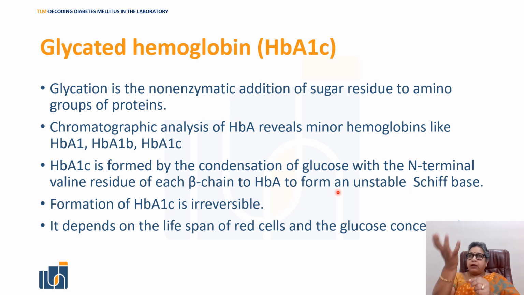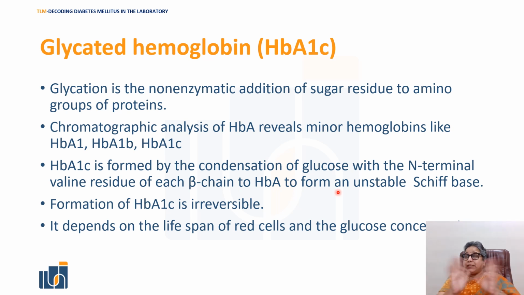So the glucose moiety in your blood gets attached to the N-terminal valine residue and forms an irreversible bond. This glucose attached to the hemoglobin can be measured, and if it is high, it means that you have increased glucose in your blood.